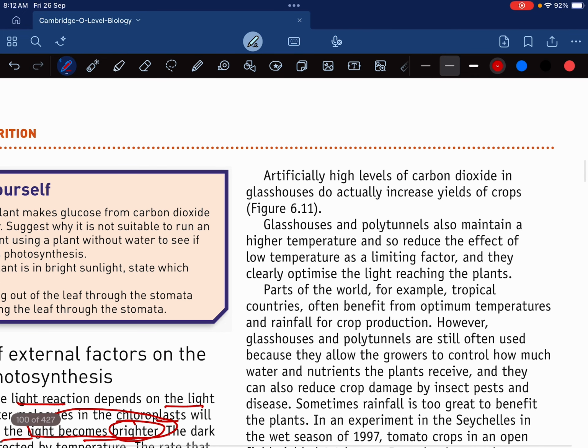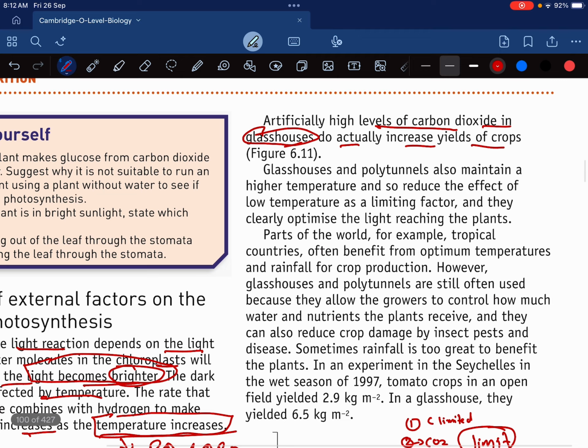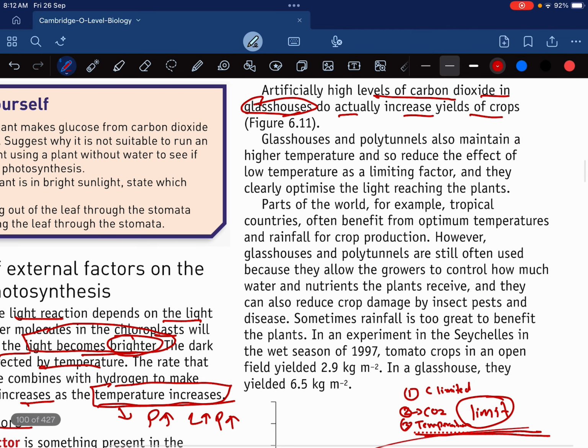Artificially high levels of carbon dioxide in glass houses do actually increase the yield of crops. So basically, in a glass house, where they grow plants, they keep the carbon dioxide concentration high so that the rate of photosynthesis stays high. If the rate of photosynthesis increases, of course the plant will grow quicker and all of that. Glass houses and polytunnels also maintain a high temperature and so reduce the effect of low temperature as a limiting factor.